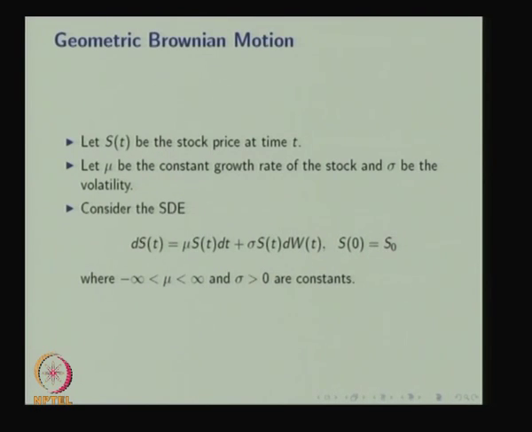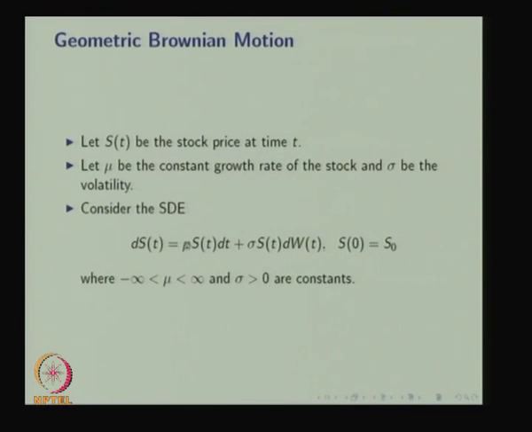So it's a stochastic volatility, and the corresponding model is a stochastic volatility model. But here the volatility we treated as a constant, therefore it's sigma times S_t, not a function of t. And the growth rate, that is mu, is also a constant.